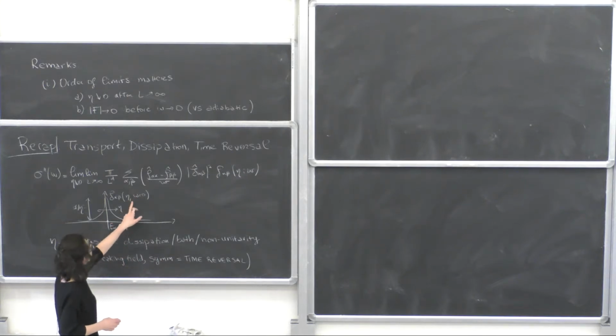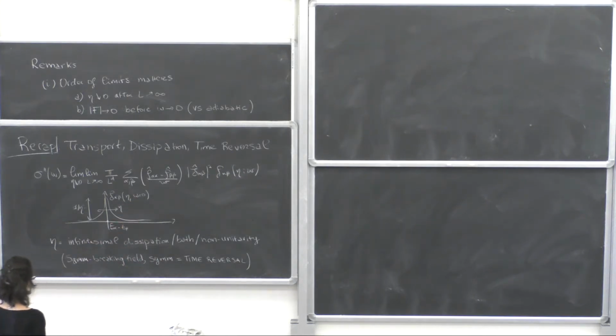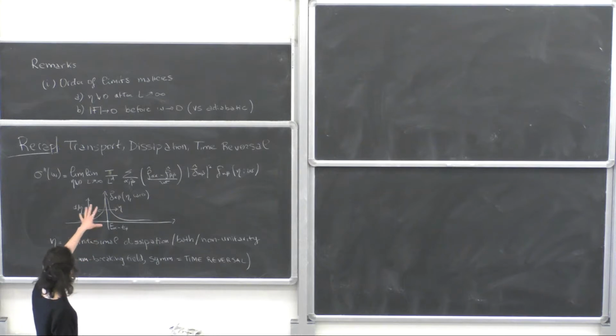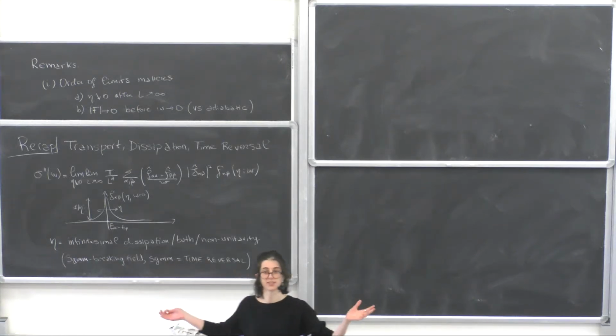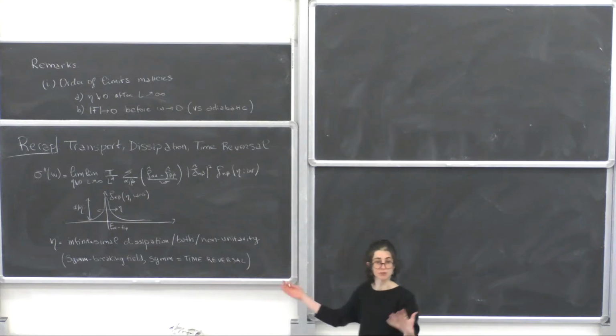And I stopped by stressing that there were several limits involved in this formulation, and that it is important, if you really want to compute contributions to dissipative transport, to take the thermodynamic limit before sending this regulator to zero.